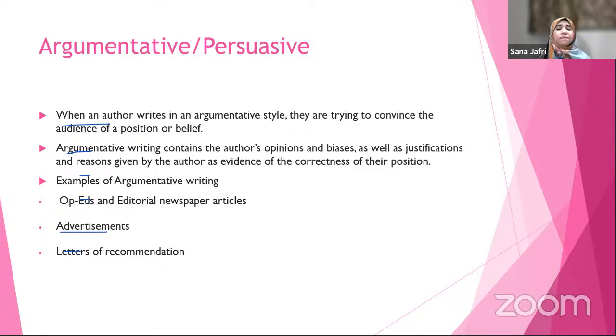The author has a position or a viewpoint, and then he presents a lot of justifications, a lot of logical reasons supporting that viewpoint. That's essentially the structure. Sometimes the author himself might present some counter arguments also. Why does he do that? Because he knows that there would be critics, and those critics would be coming up with counter arguments. So he wants to convince the reader.